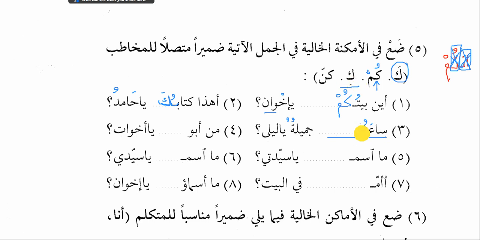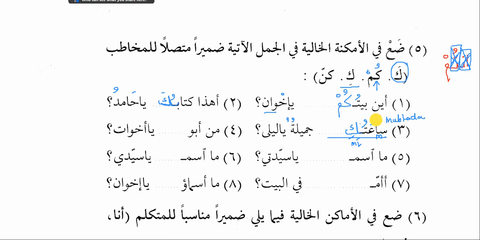Sa'atuki. Since ta is also a connector, the kaf will be connected with the ta. Sa'atuki jamilatun. Now we get mudaf and mudaf ilayh. You know that when the damir is attached with a noun, the position of the damir is mudaf ilayh. So both of these form an idafa structure and it comes as mubtada.